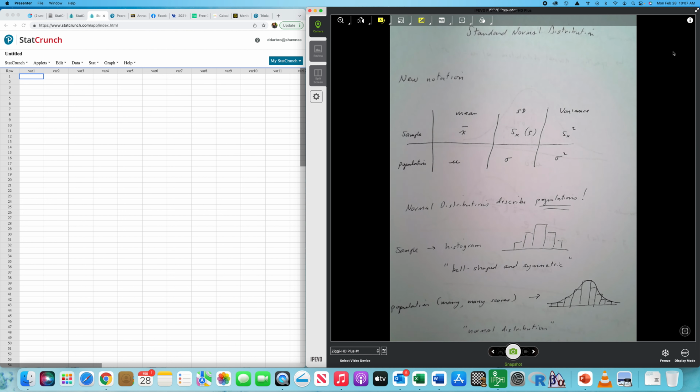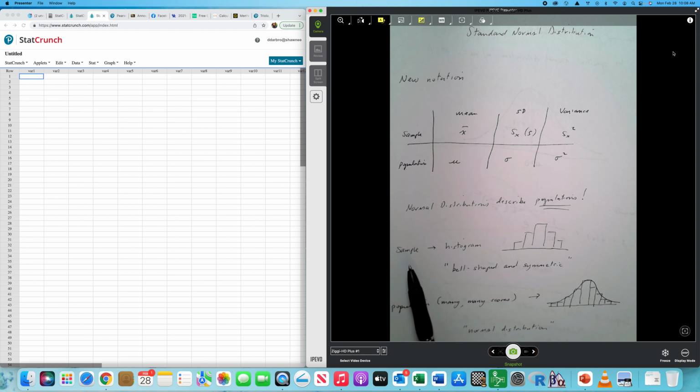So normal distributions describe populations. It drives me absolutely insane when people go out and they get sample data and they create a histogram, and they get a histogram that's bell-shaped and symmetric, and they say that my sample is normally distributed. No, it's not. Please stop them. I'm actually preaching to my master's and my doctoral students, not you.